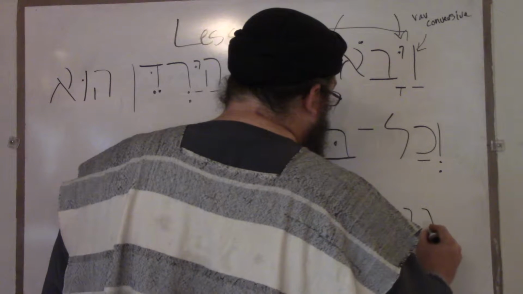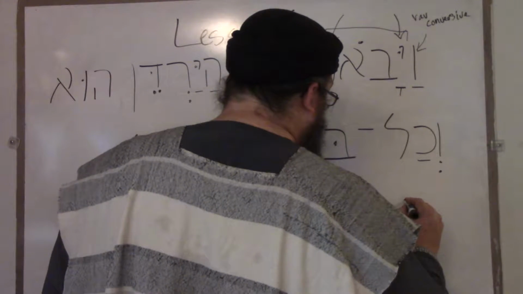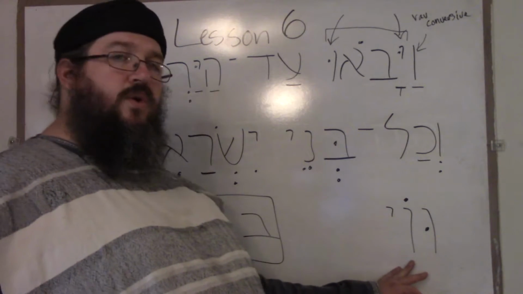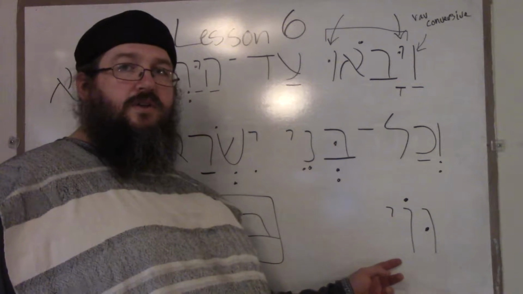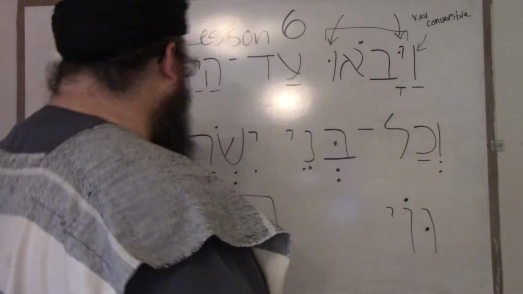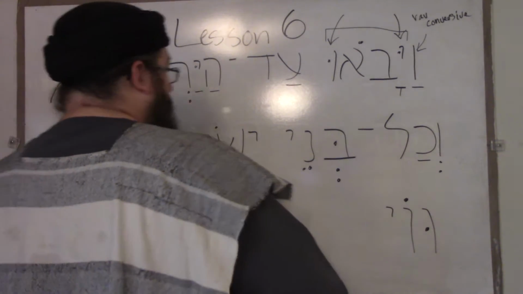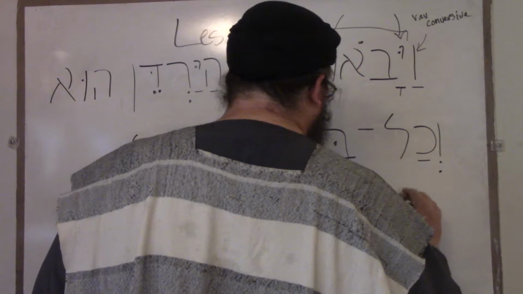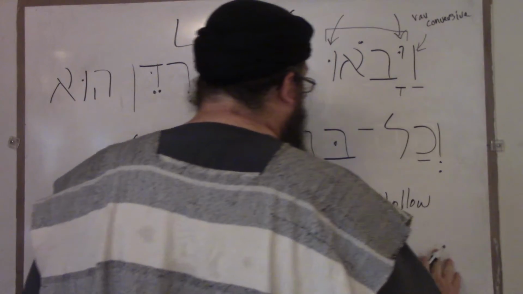And here's all the possible forms we're going to find. It's going to be the U in the middle, the O in the middle, or the Yud in the middle, okay? And so these hollow verbs follow the hollow verb chart. Okay?